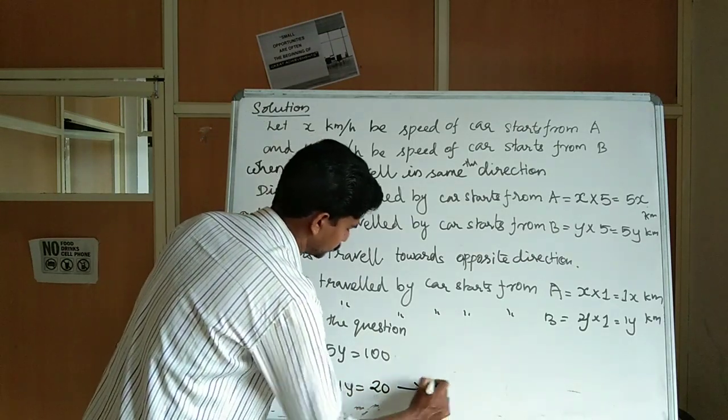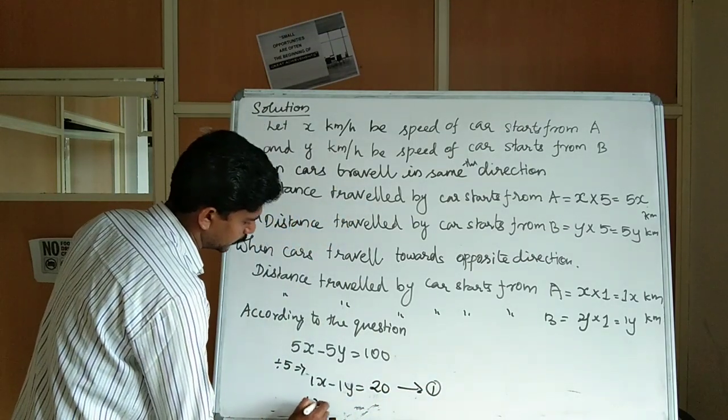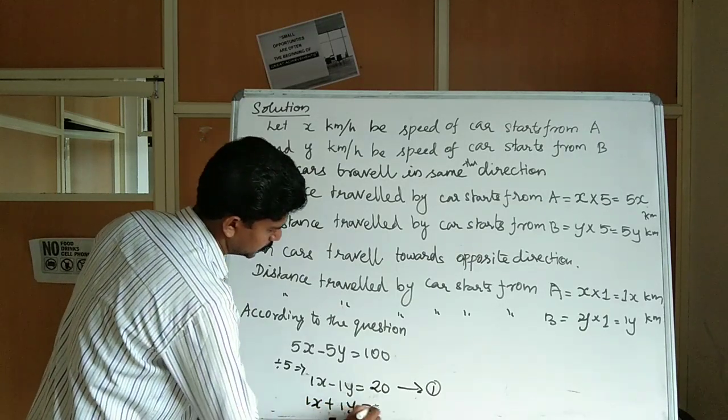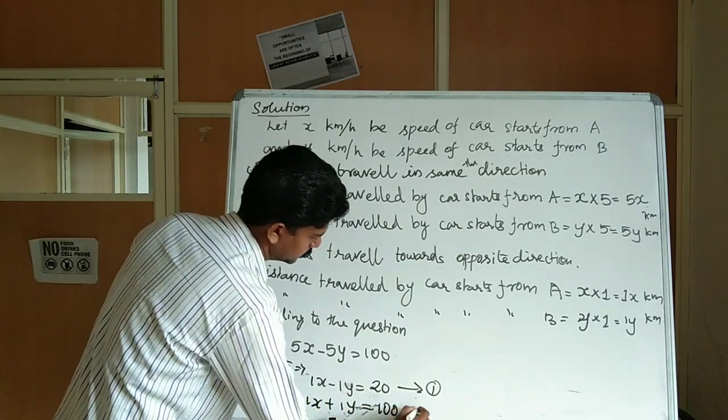This becomes equation 1. The second equation, 1x plus 1y is equal to 100, is equation 2.